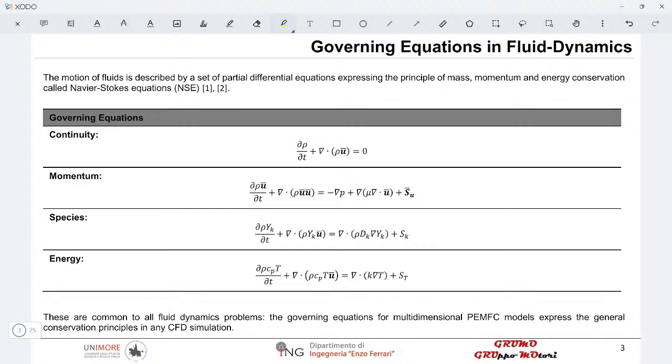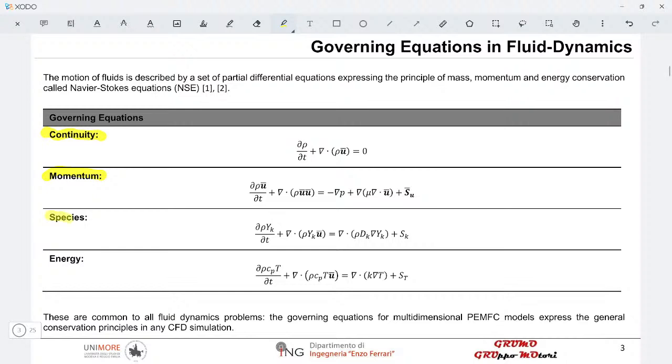Basically, they replicate in a mathematical form the fundamental physical principles of the conservation of mass, the so-called continuity equation, and conservation of momentum. This is a vectorial equation, in the sense that you can get from this three scalar transport equations, one for each direction in space.